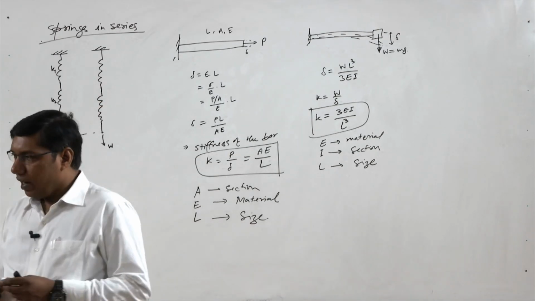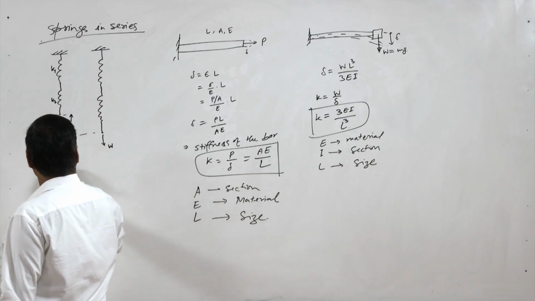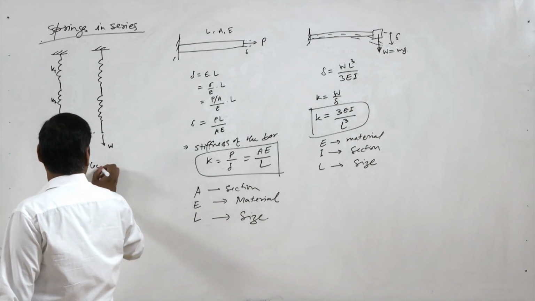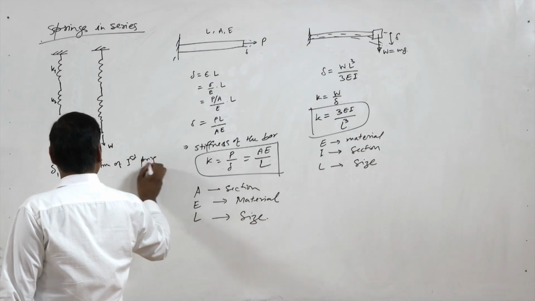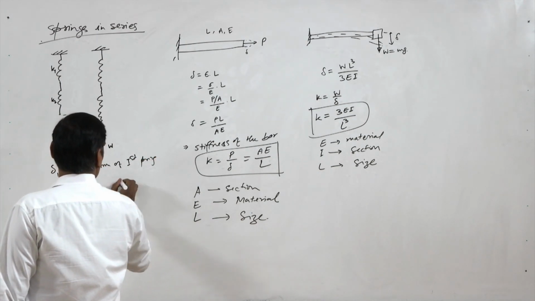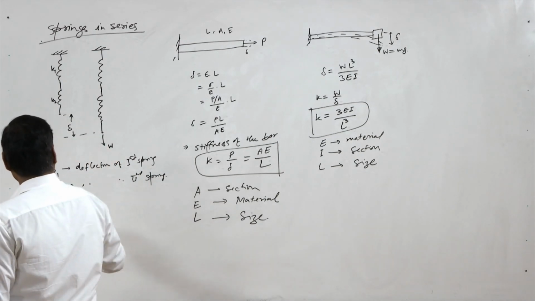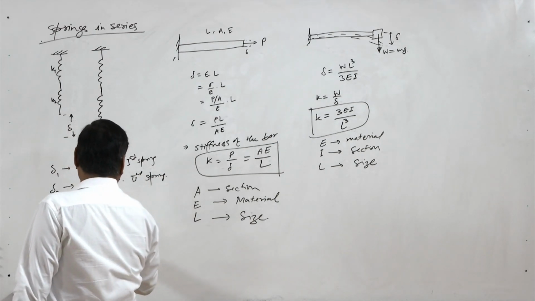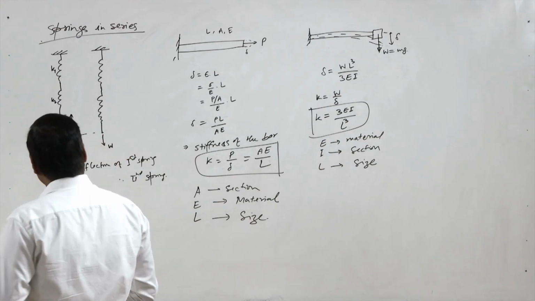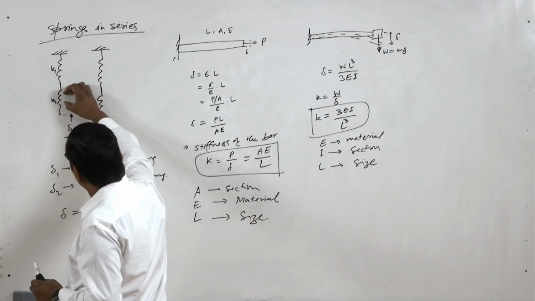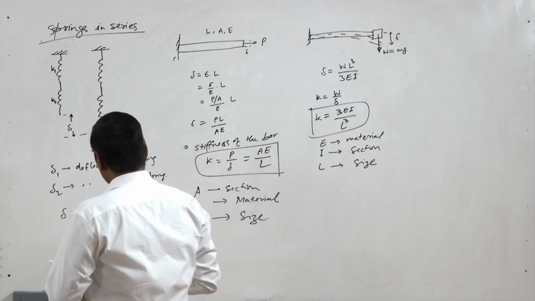So this delta, let's say in each spring there is delta 1, the deflection of the first spring, delta 2 is deflection of the second spring, so the total delta equal to delta 1 plus delta 2, because the net deflection will be the sum of the two deflections, because the deflection in this and deflection in this will be total deflection that has occurred here.